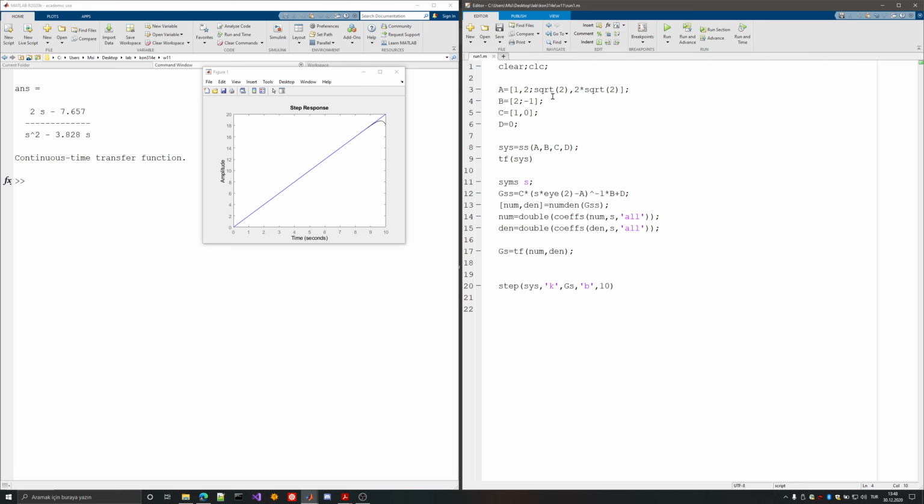Actually, there are no 2 states. It seems like 2 states, but this is a first order system, and we will see that in a minute. And so this is a mathematical error, as I've told you.